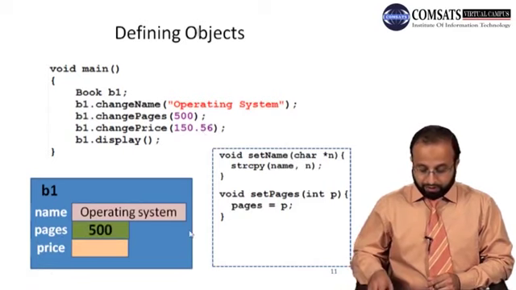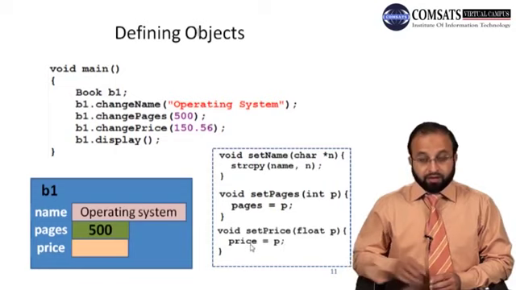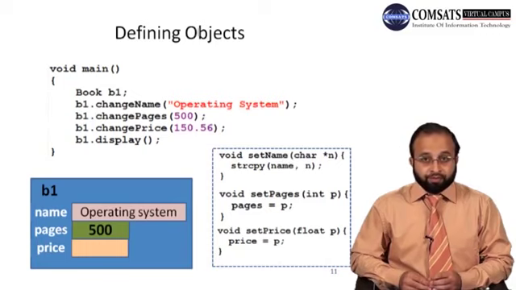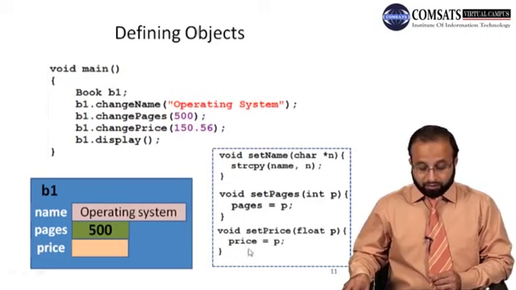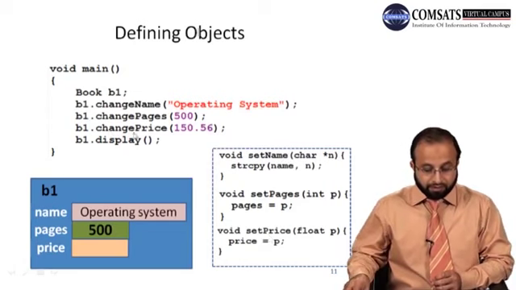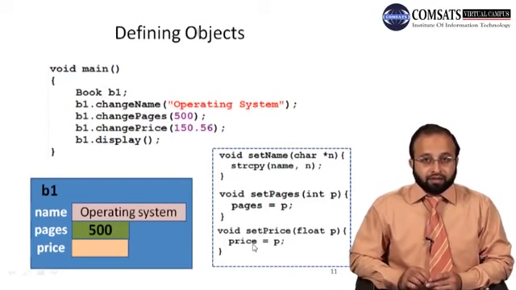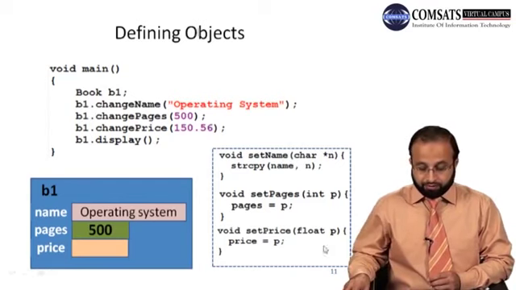You're passing 150.56, so 150.56 will be assigned to price, and price is a private data member of the object of class book. Which object's private data member will it be here? The object through which you called the set price function. So b1 dot set price function is called over here. So the private data members of b1 are directly accessible within the definition of the set price function.